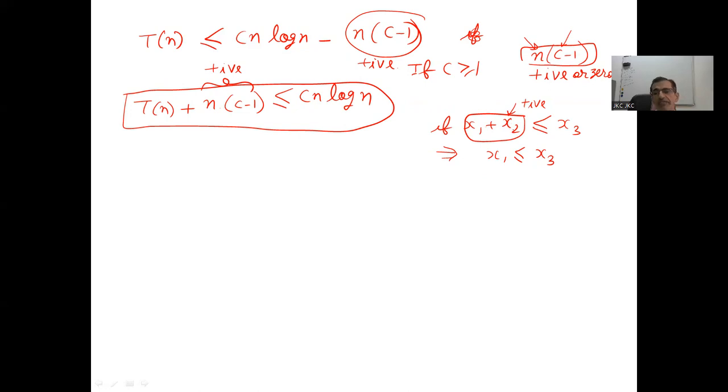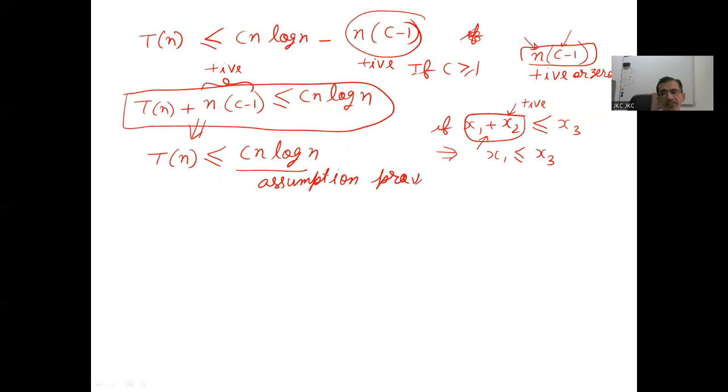If x2 was 0, earlier if it was equal, it will still remain equal. And if x2 was non-zero but positive, this side was earlier lesser or equal, it will guaranteedly remain lesser because I have further reduced the value. So I can claim from here that this will also imply Tn is less than or equal to Cn log n. So this is how the assumption which we made has been proved.